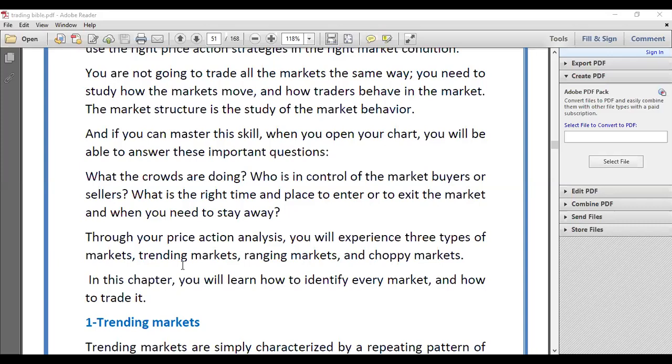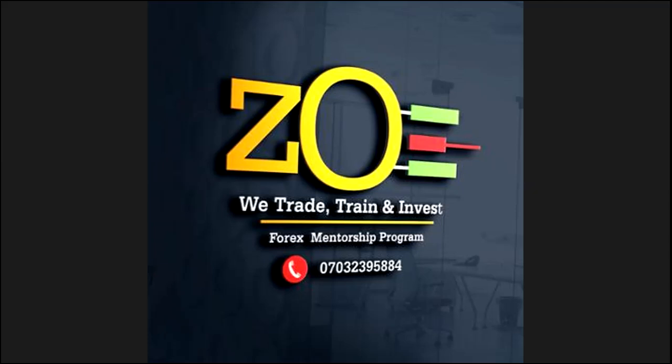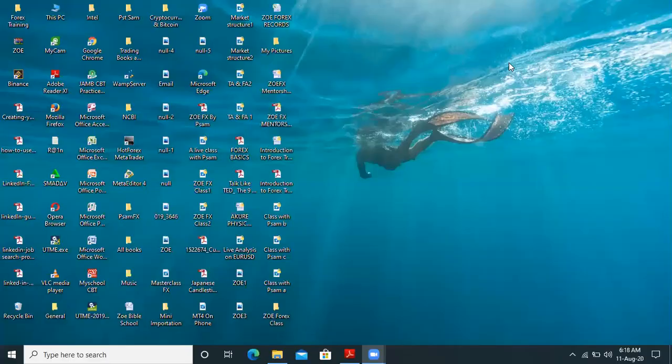I told you that in the pair, what we are talking about is the relationship between the bulls and the bears. Let me share my MT4.